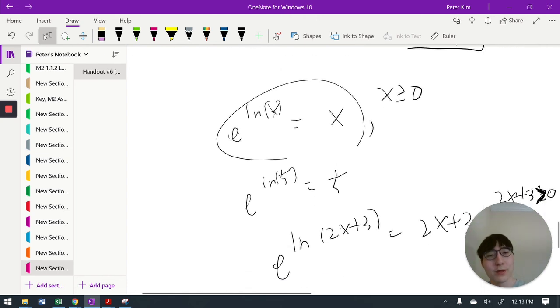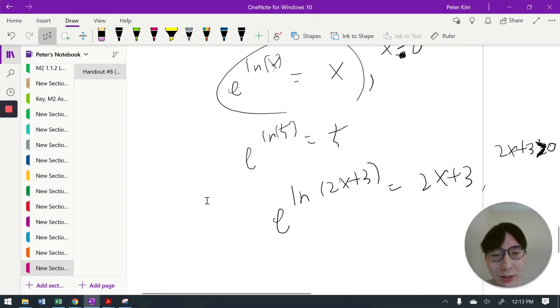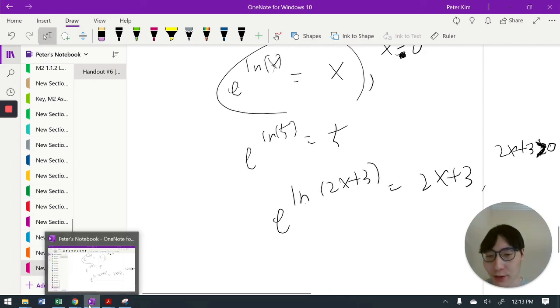Here too, I made a mistake. It should be greater than 0 actually. That's just a characteristic of log functions, where you cannot include a domain that is equal to 0 or less than 0, so it only talks about positive numbers.